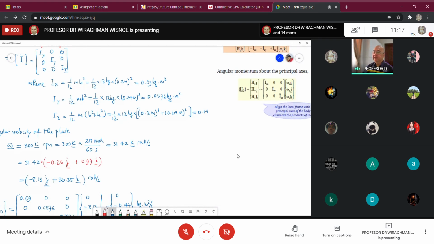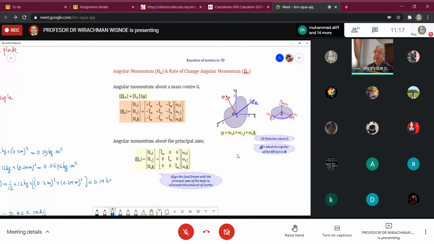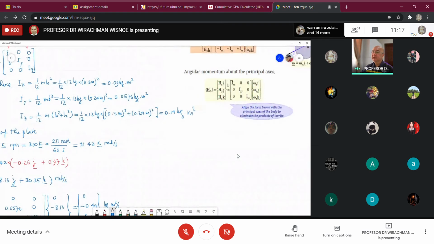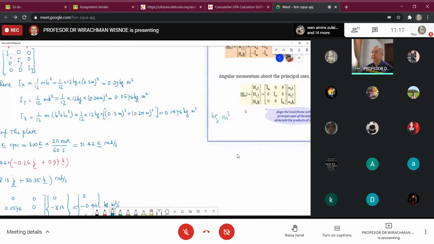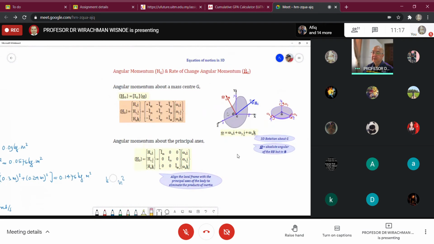So the unit will be, m is kilogram, and then r square is meter square. Oh, maybe I have it there. Oh, I have it there. It's covered by this one.